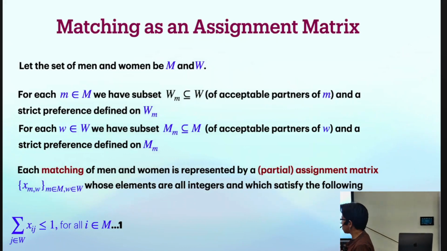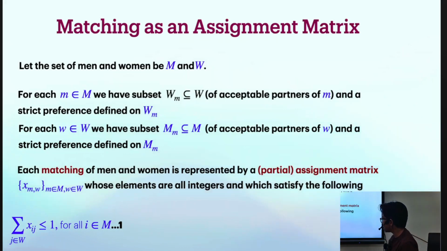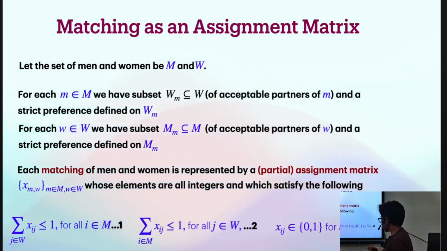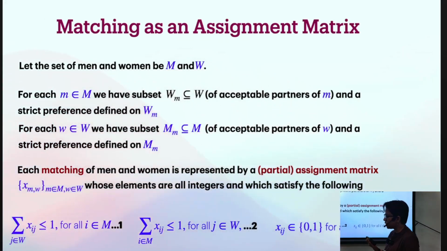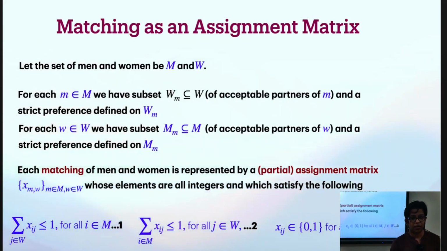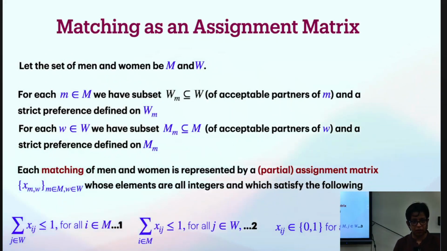Strictly less than 1 is also possible. So each row should add up to at most 1, and similarly every column should add up to at most 1. When x_ij only takes binary values, it's the normal matching scenario.